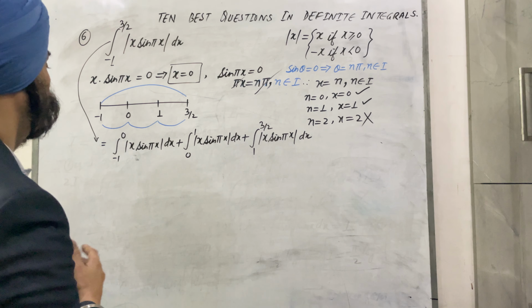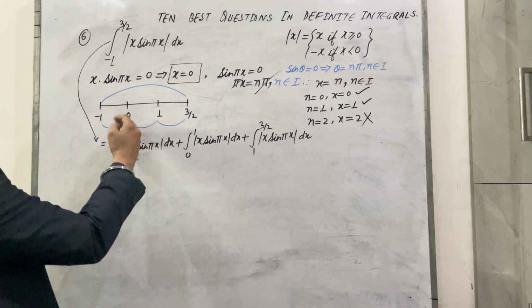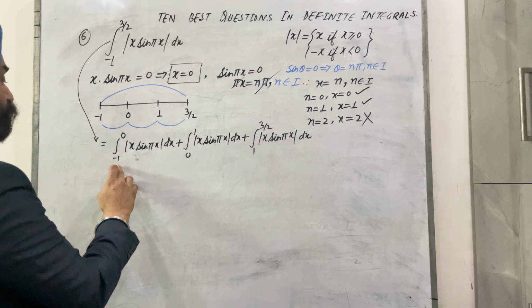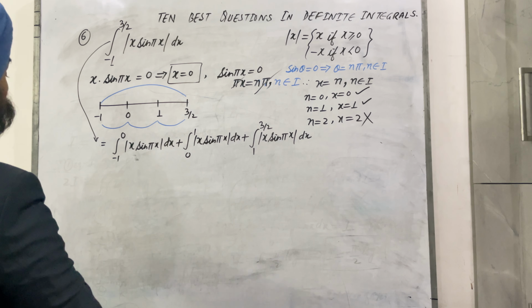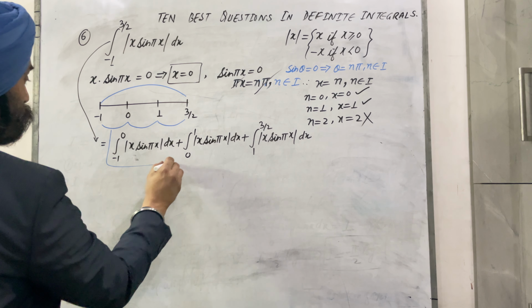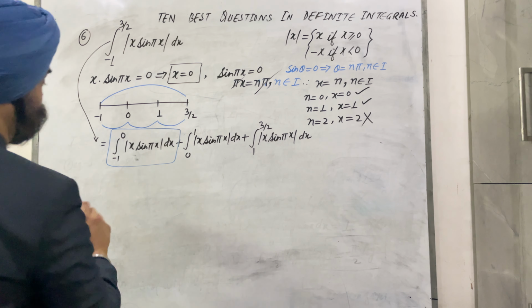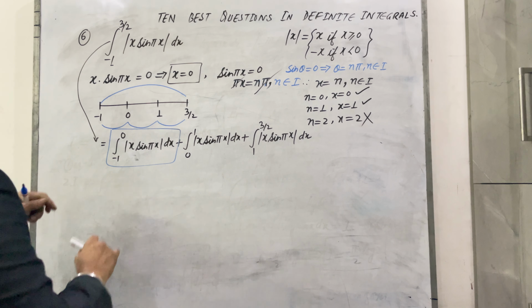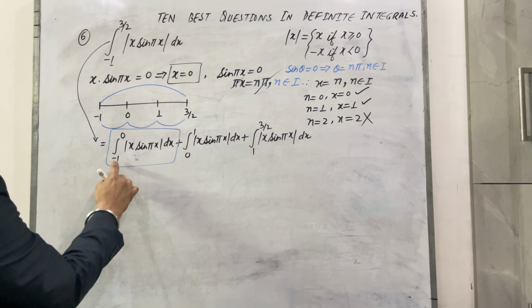The next job is to identify the nature of x sine pi x over each of the 3 intervals. We start with the first interval, this one. Now how exactly do we need to do it? Just observe. For the first portion, x is in between minus 1 and 0.